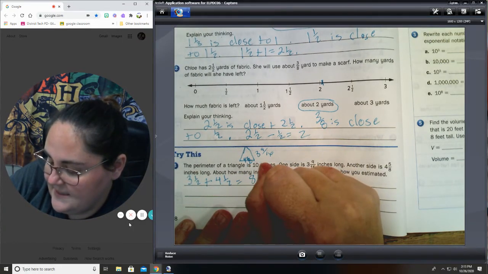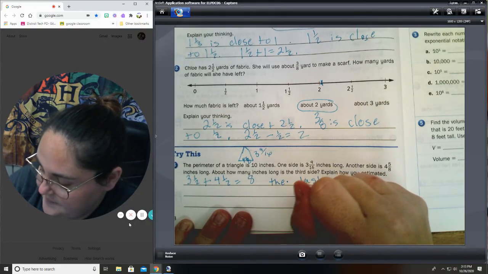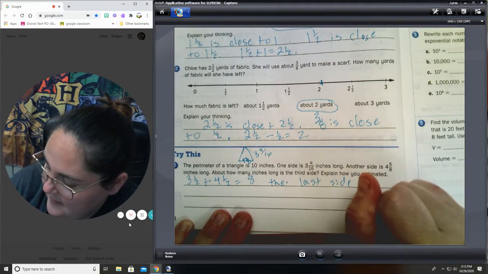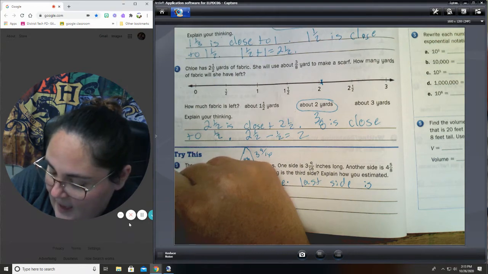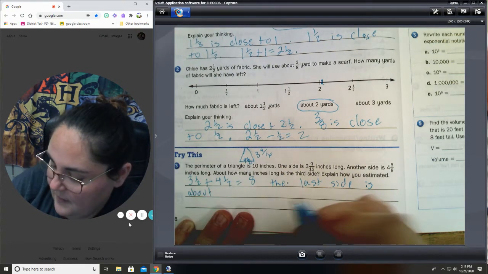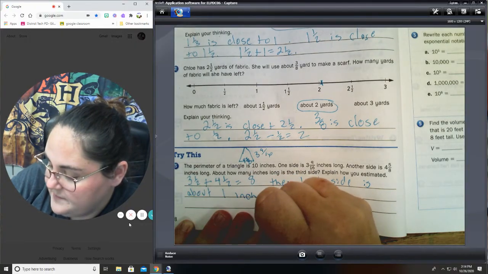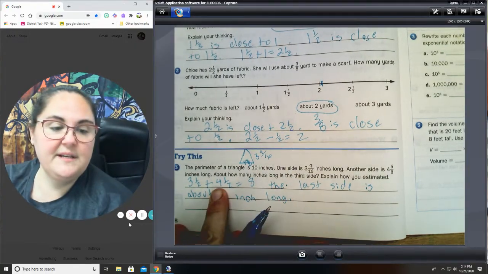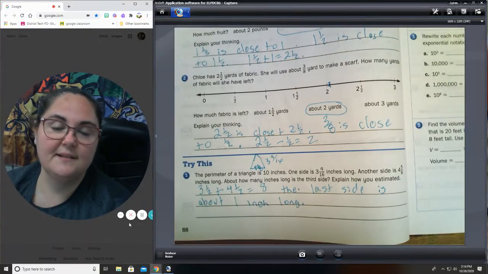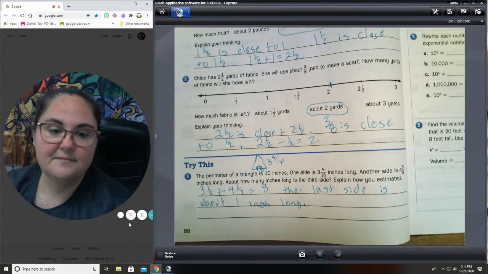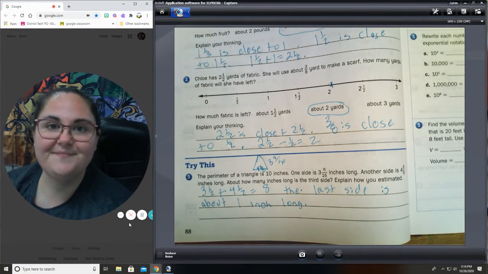So the last side is about 1 inch long. So this tells you my reasoning, and it also tells you my answer. That's how I would do that problem.